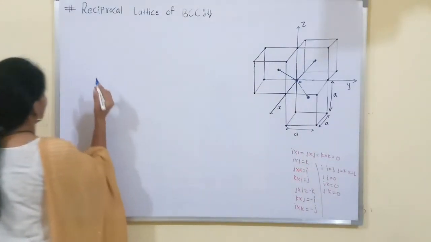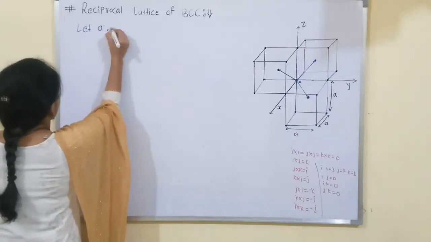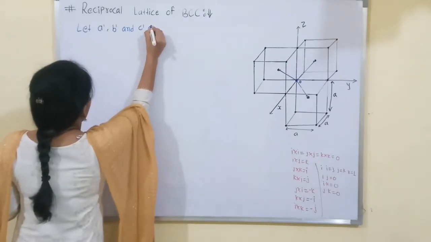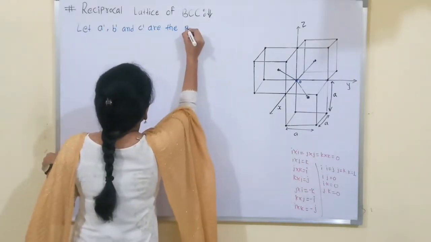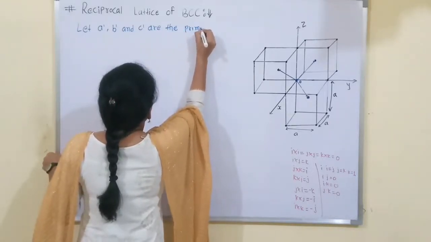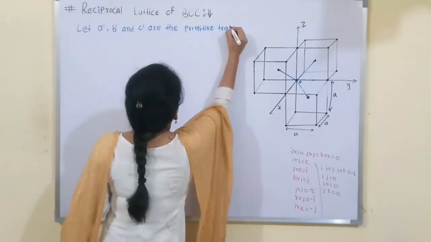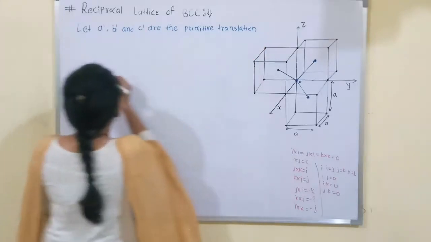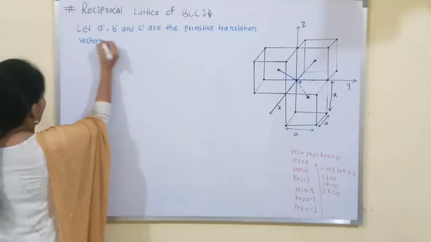Let A dash, B dash and C dash be the primitive translation vectors.